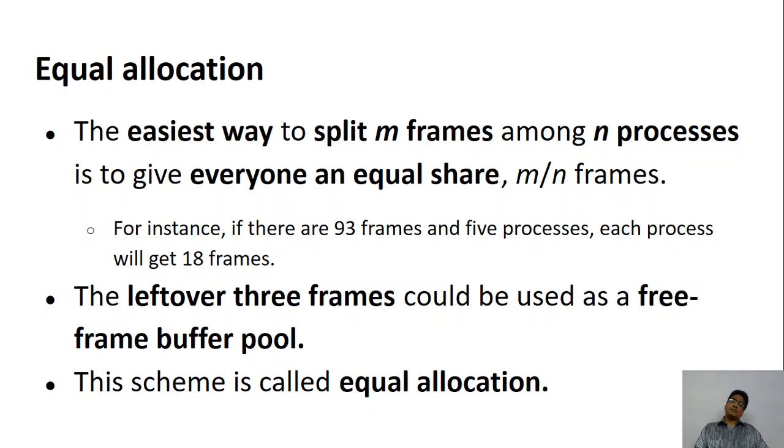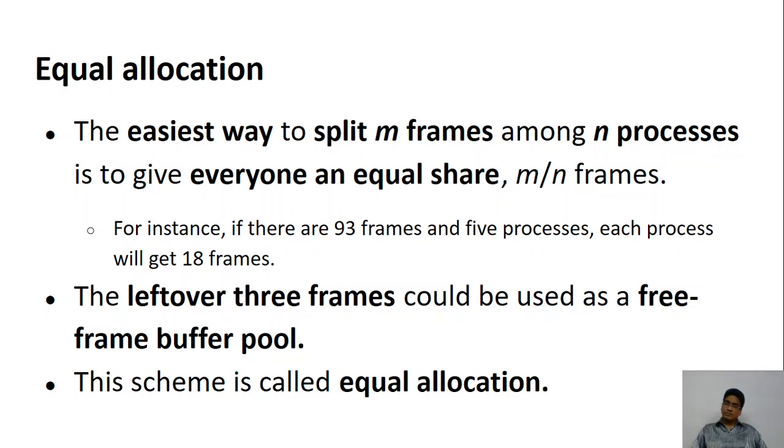One of the simplest ways of allocation is equal allocation. In equal allocation, every process is given an equal number of frames. In other words, I distribute and say, okay, 5 frames to you, 5 frames to you, 5 frames to you. I give all the processes an equal number of frames. So how do I decide that? First of all, I check how many processes are there.